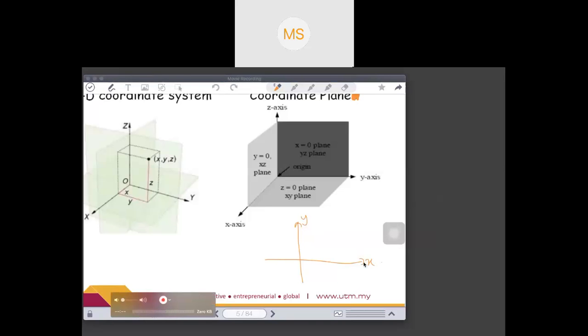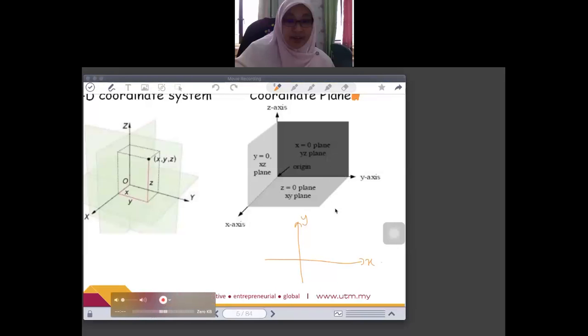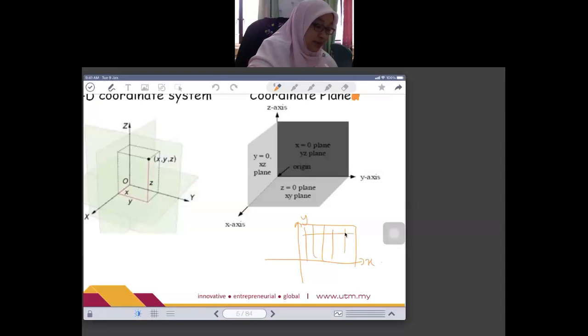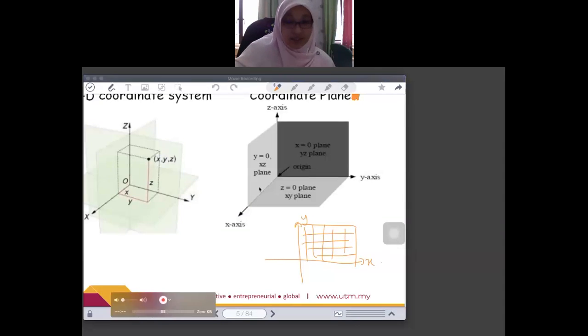Tell me, for this plane, where can you find this plane on this diagram? This is the plane, right? Where can you find it in this diagram? At the base, yes, that's correct.